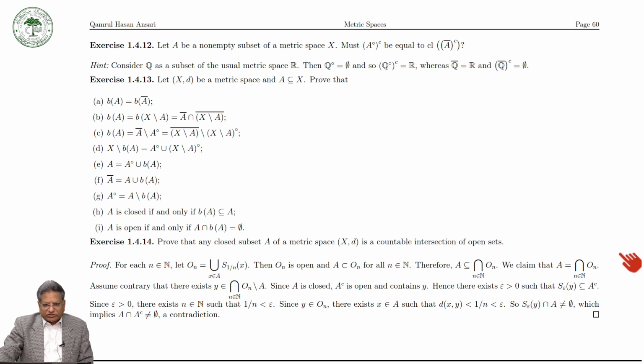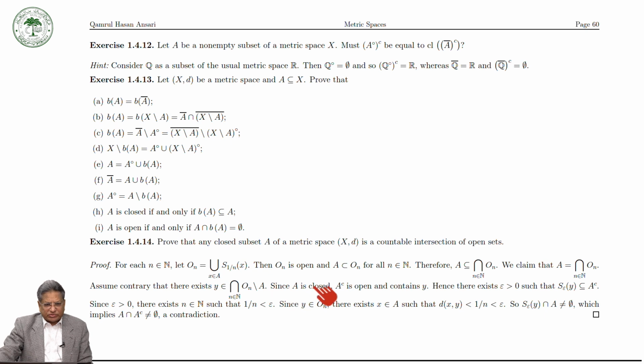Now suppose that this is not true, that is to say, the countable intersection of open sets need not be a subset of A. So we assume the contrary: there is a y in this intersection, but it is not in A. So y is in the intersection of O_n but not in A.